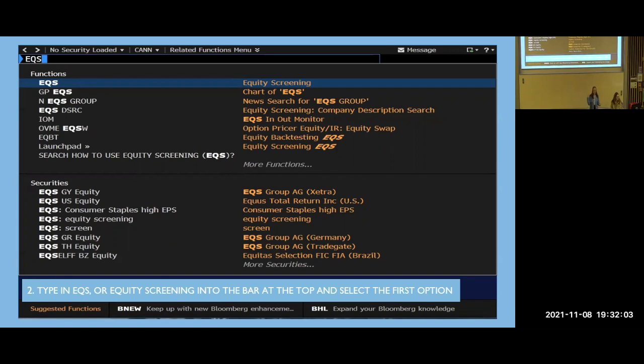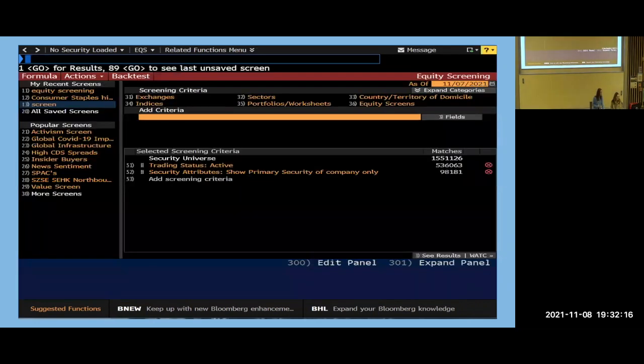But it's nice to know that EQS stands for equity screening. That would be what you would type into the bar at the top, and then you would click on equity screening. This would come up with the following.